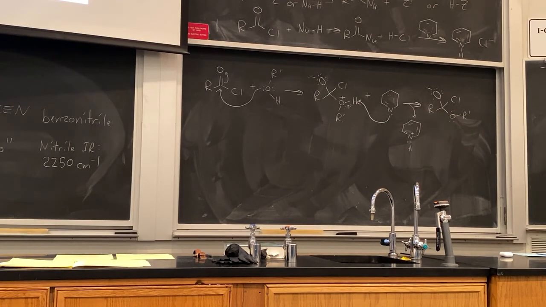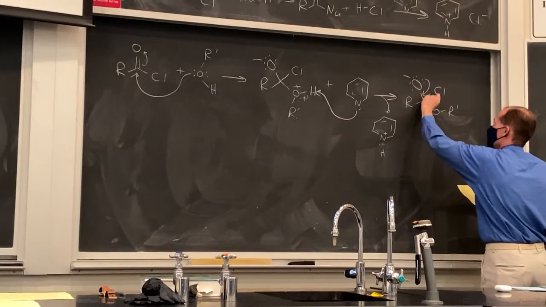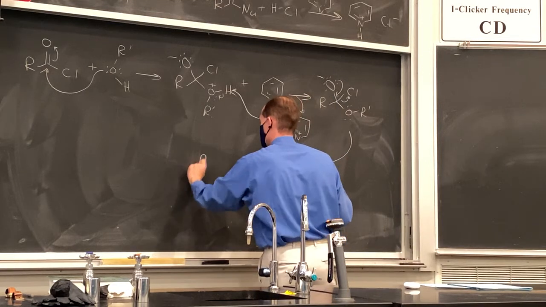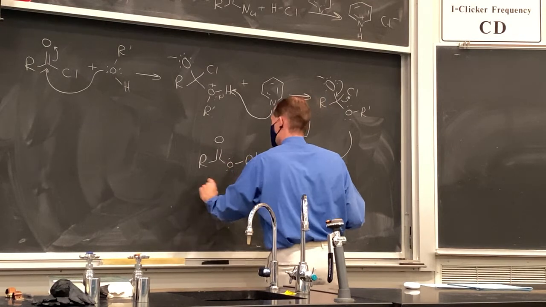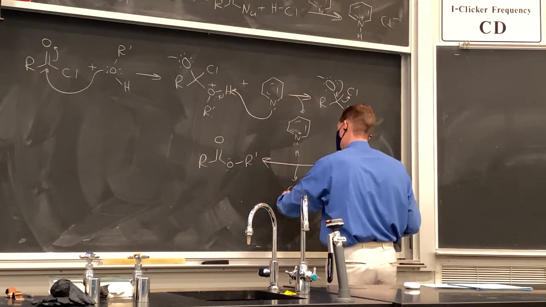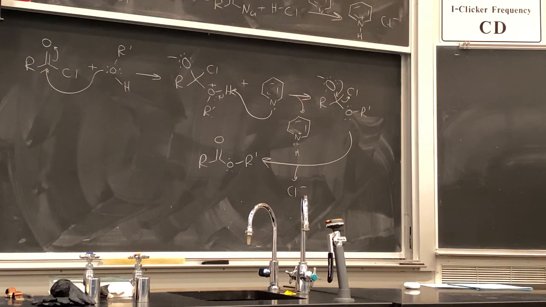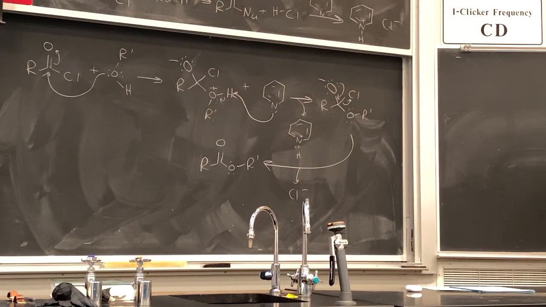We see that chloride is a better leaving group than our alkoxide. And so when we reform the carbonyl, it is the chloride that departs, and that generates our ester. We also form chloride, and that chloride just forms a salt with the pyridine. Okay? So we have our nucleophilic attack. We have deprotonation, that proton transfer, and then we have elimination of the chloride.